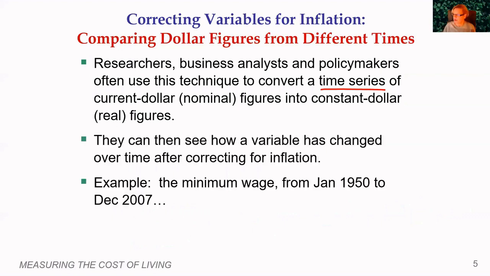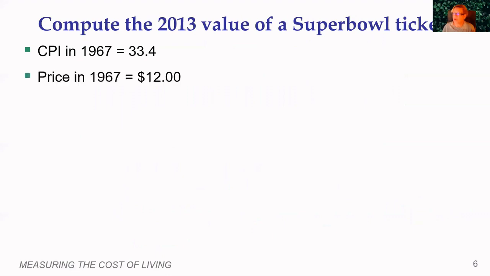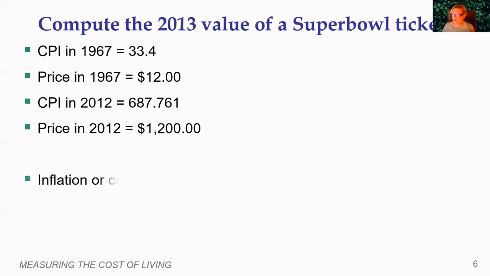All right, so here's the question. Compute the 2013 value of a Super Bowl ticket. The consumer price index in 1967 was 33.4. The price in 1967 was $12. The consumer price index in 2012, because that's the easiest one I could get, is 687.761. And the price in 2012 was $1,200.